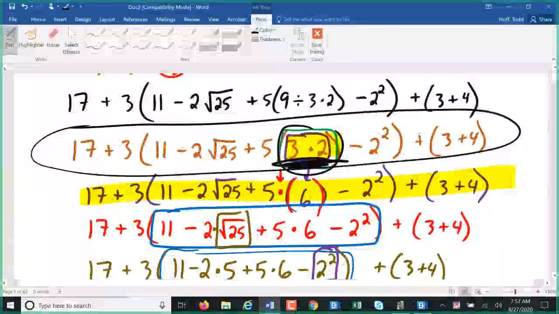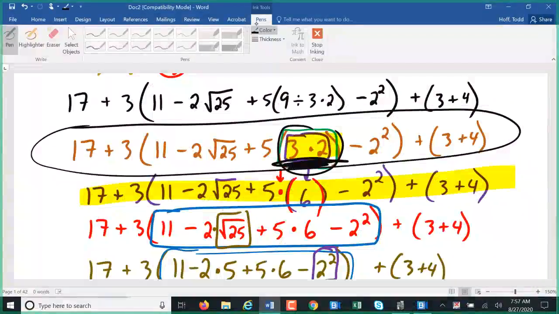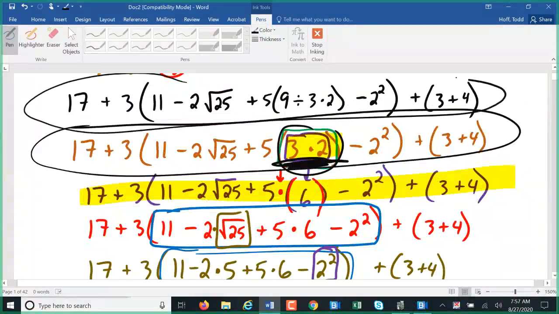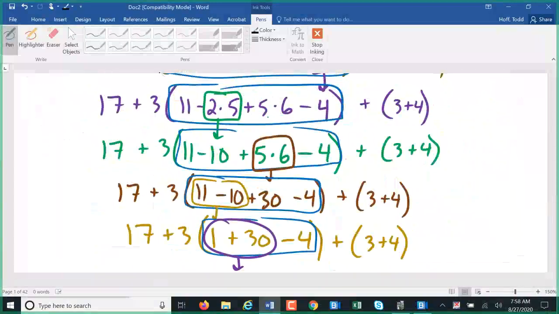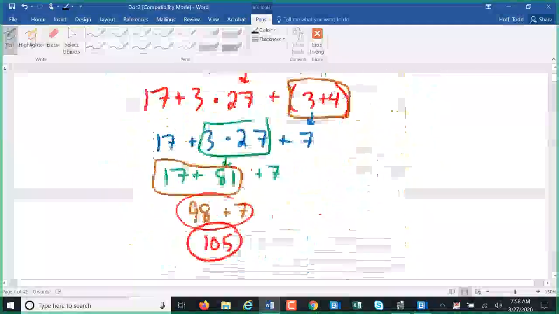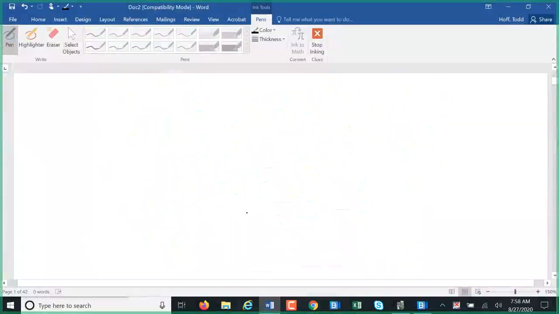Well, this problem was relatively easy to enter because it was linear. What I mean is it can be written all on one line like that. But not all of our problems are that friendly. We can run into a problem that looks like this.